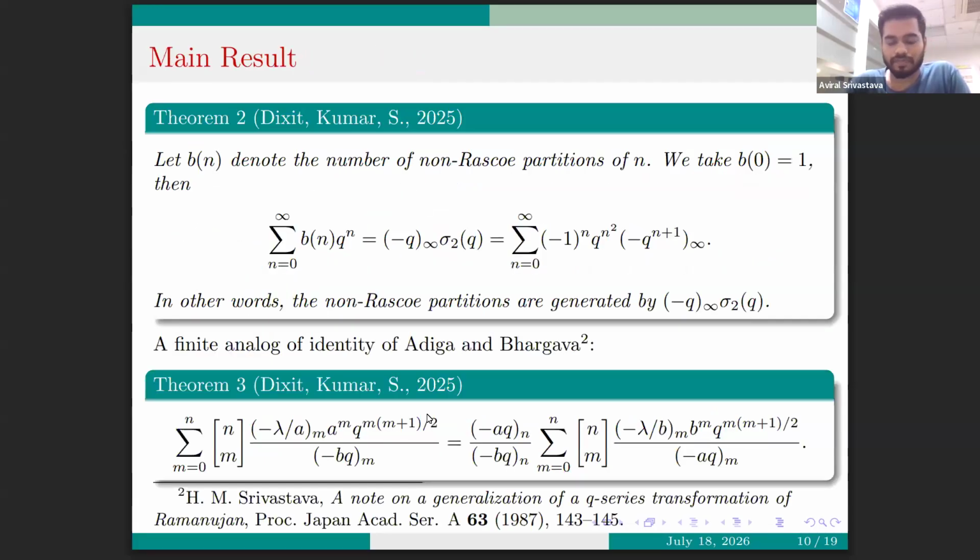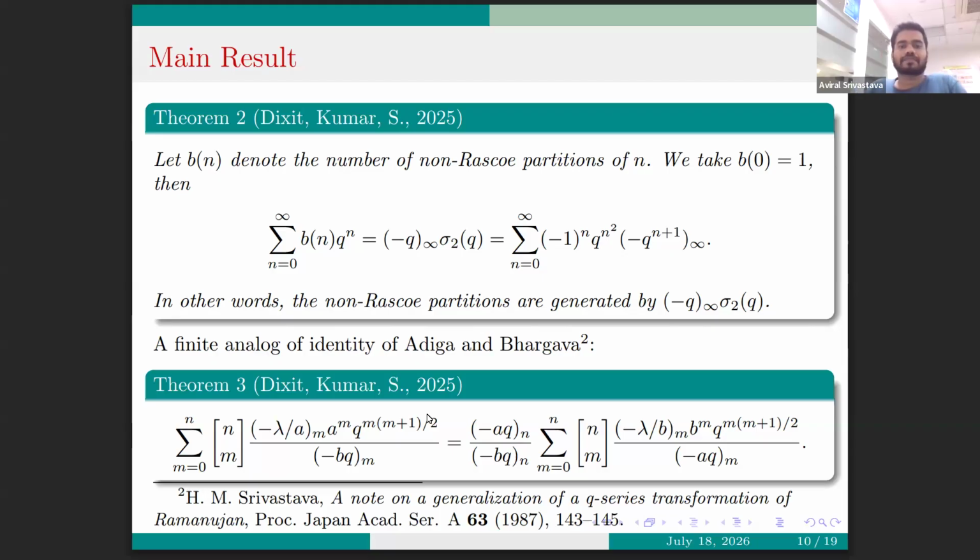Now moving on. Here is one of our main theorems. While trying to find the rank parity, the idea was to investigate the rank parity function in the sense of modularity, congruences, and all those properties. And we found a very surprising connection, and it is our theorem 2.